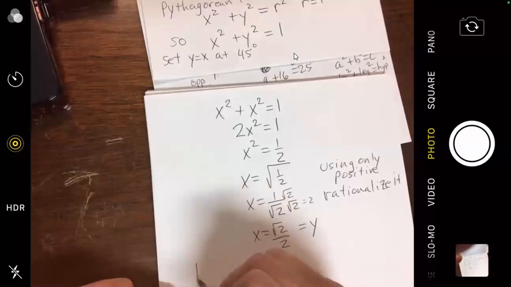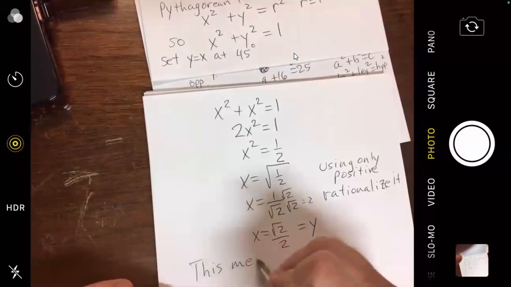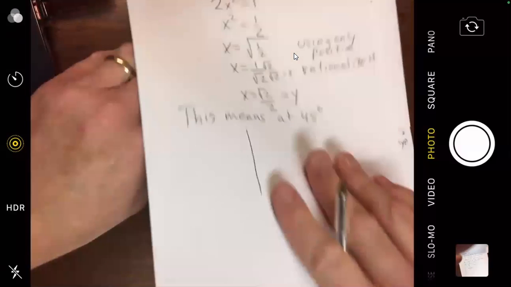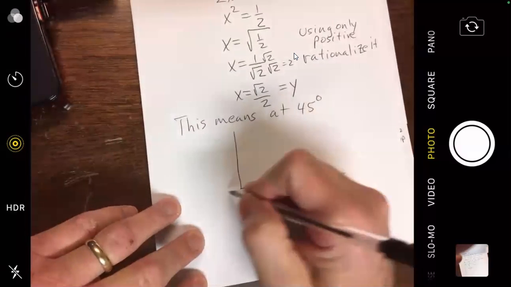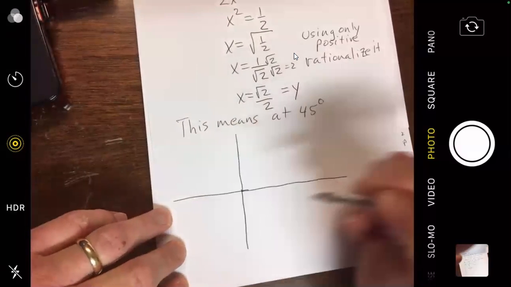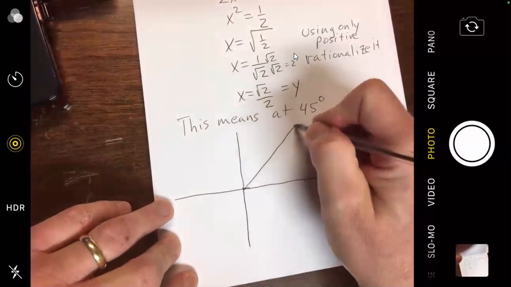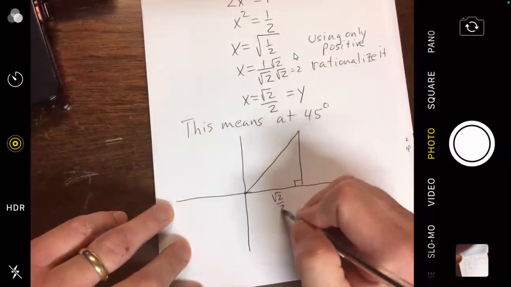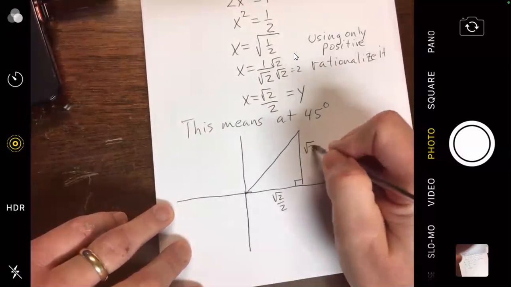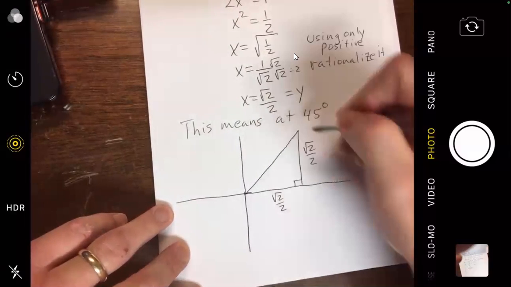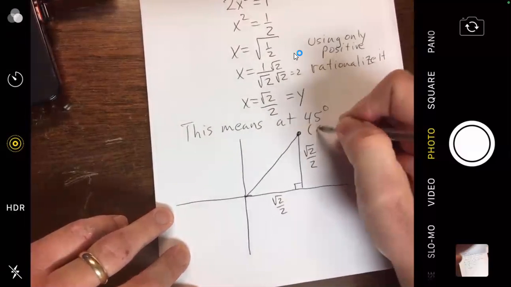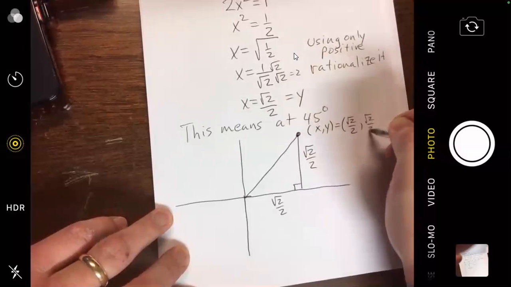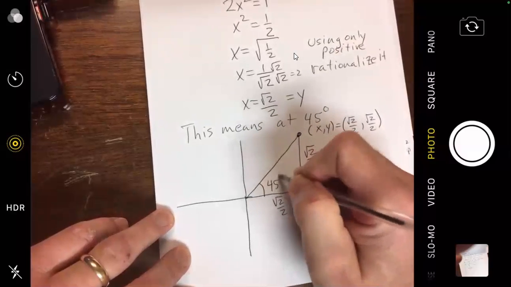This means at 45 degrees, your X leg is square root of 2 over 2, your Y leg is square root of 2 over 2, and these are the coordinates. The XY coordinate here is root 2 over 2, root 2 over 2 at 45 degrees.